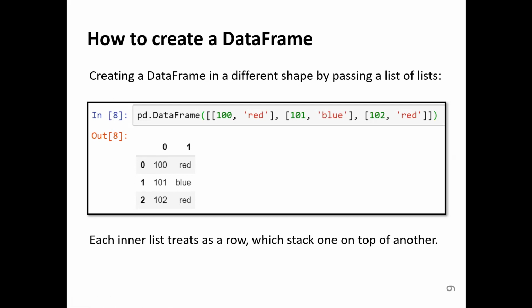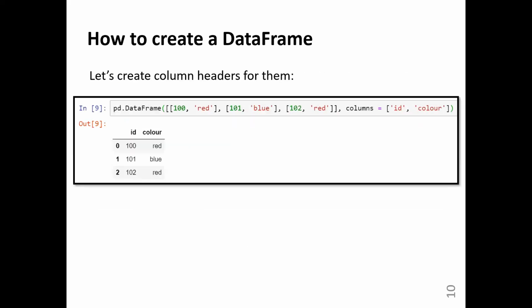Well, you know the drill. The next step would be what? Adding columns equal to ID and color. So in that case, you have column headers too. Mr. Kumar, good. So the speed is fine.